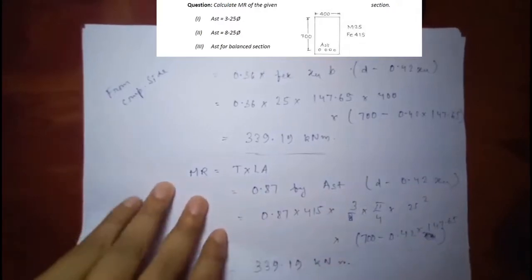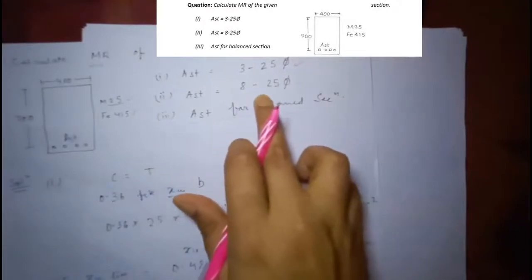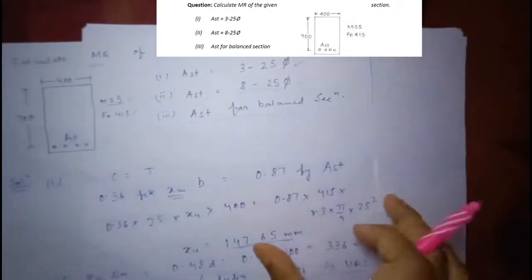Next, for part 2, we have AST equal to 8-25 dia bars. So for this, let us do the same calculations. That is for the second part, where AST is equal to 8-25 dia bars.